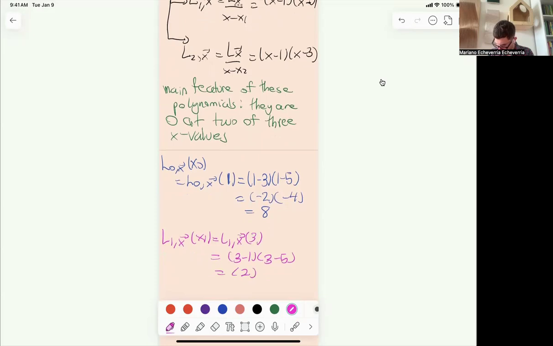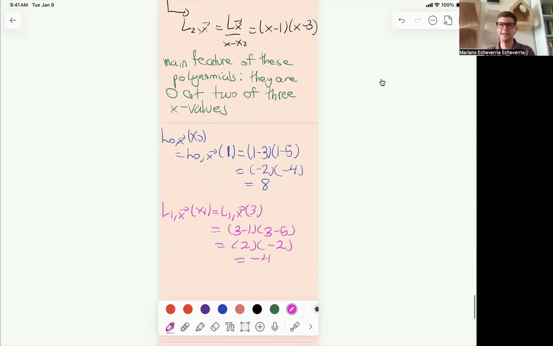That's 2 times negative 2, which is negative 4. Okay. And again, it is 0 at all the other two values of x. I'm just computing the value at the non-zero point.